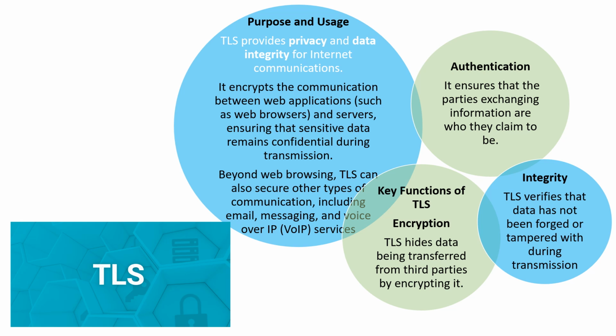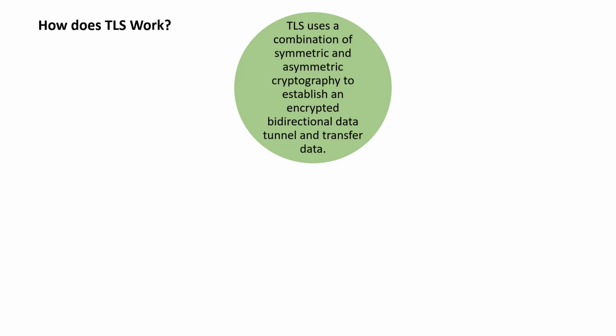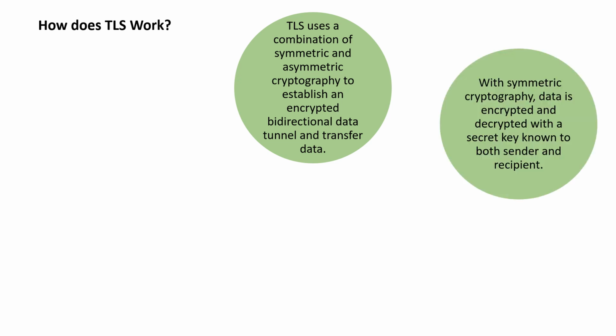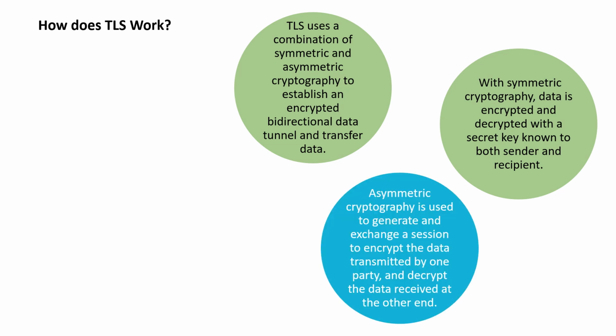Now we can see how that works. This uses a combination of symmetric and asymmetric cryptography to establish an encrypted bidirectional data tunnel and transfer data. With symmetric cryptography, data is encrypted and decrypted with a secret key known to both sender and receiver.